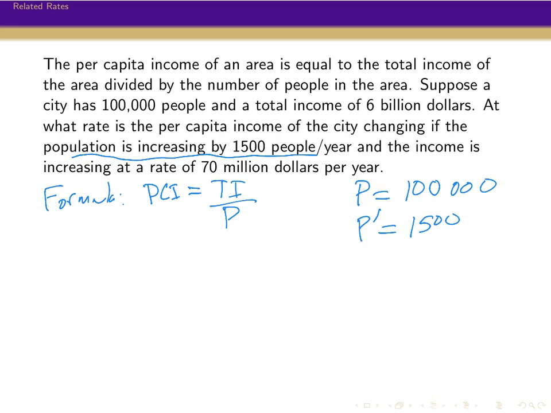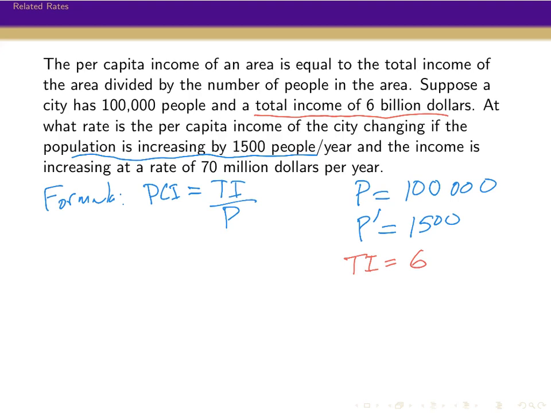And then we need the total income. It says the total income is $6 billion, so TI is 6, in billions. And the income is increasing at a rate of $70 million per year.